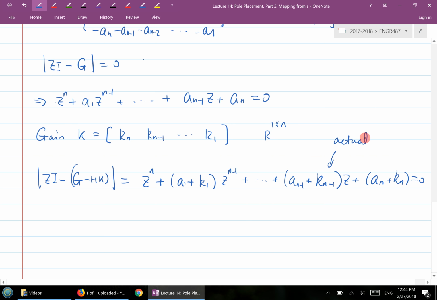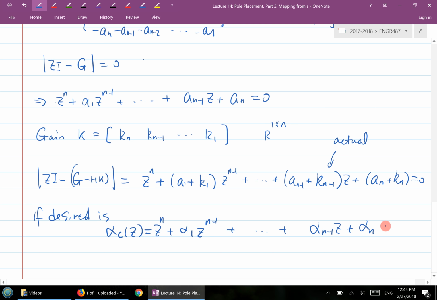And if somehow you have the desired one, let's call this desired one alpha C here. If desired is z to the power of n plus alpha 1 z to the n minus 1, up to alpha n minus 1 z and alpha n.